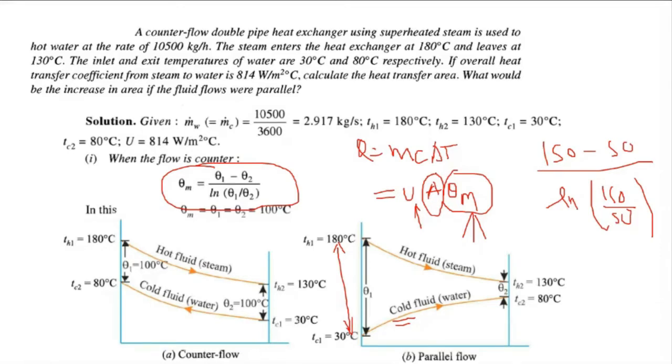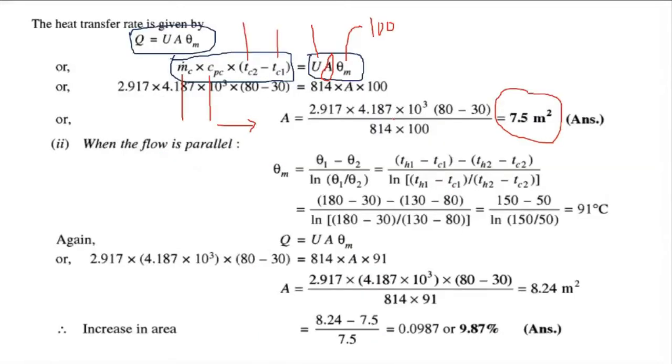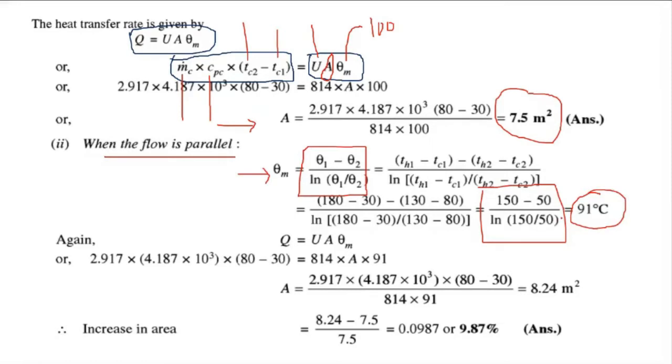Yes, sir. Okay. So same thing has been done in the question. When the flow is parallel, theta M is equal to theta 1 minus theta 2 by ln theta 1 by theta 2. They are getting it as 150 minus 50 divided by ln 150 by 50, and it is approximately equal to 91 degrees Celsius.